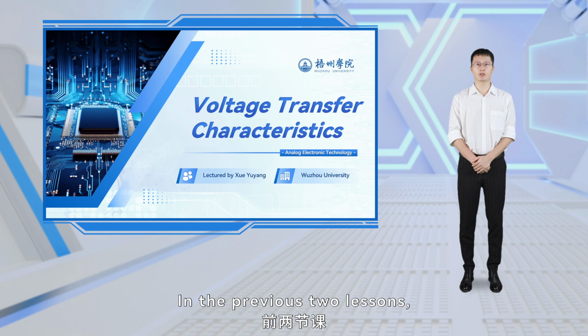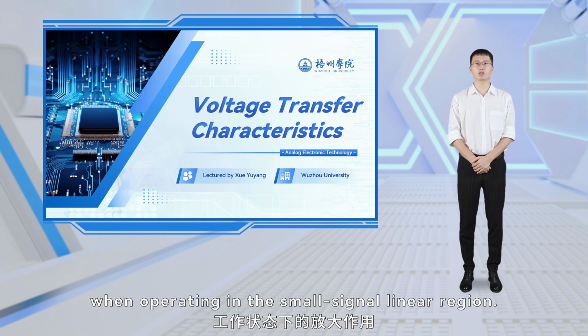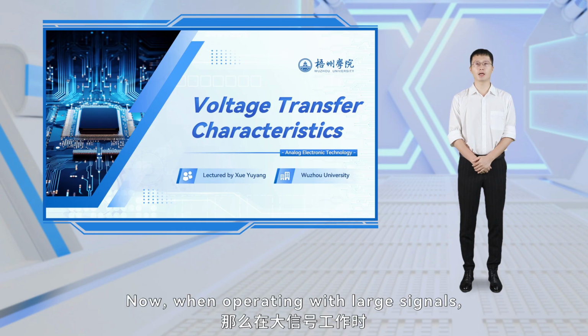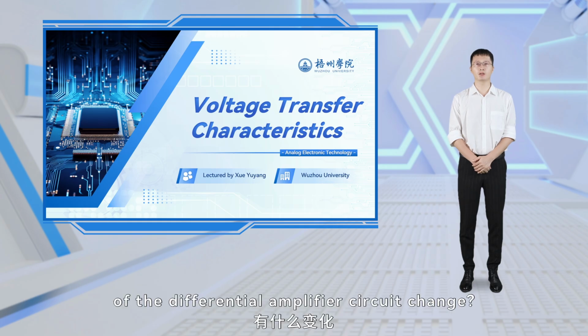In the previous two lessons, we analyzed the amplification function of the differential amplifier circuit when operating in the small signal linear region. Now, when operating with large signals, how does the amplification function of the differential amplifier circuit change?